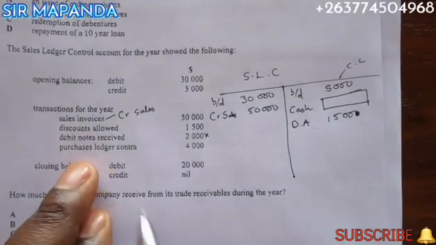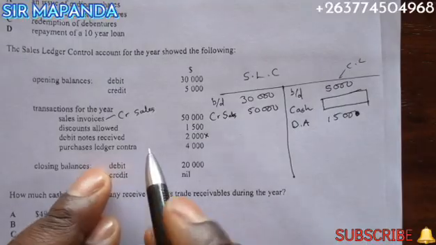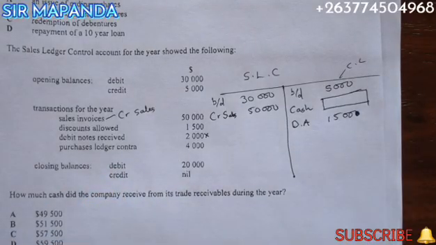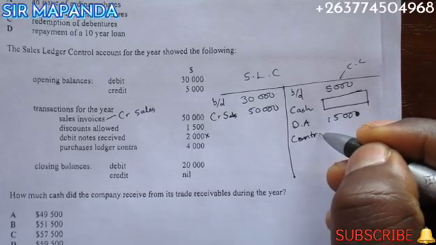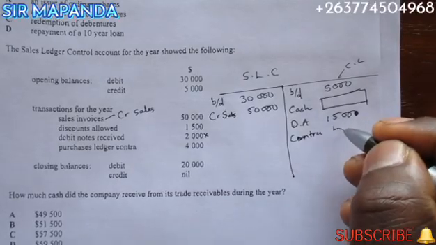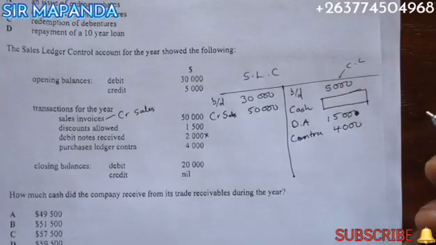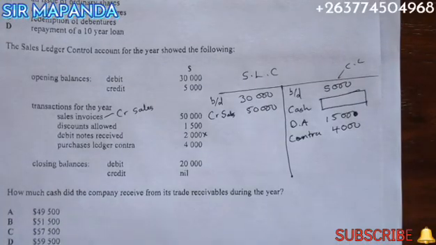Right. Purchases ledger contra. Contra means contra set off. It appears on the credit side of the sales ledger. So the contra here is 4,000. I hope you are following. Then closing balances are posted on the opposite side.